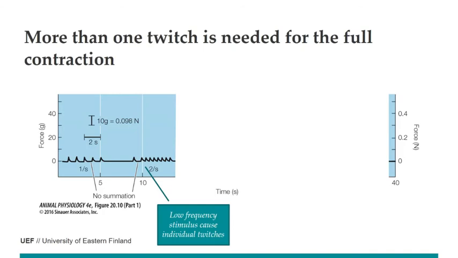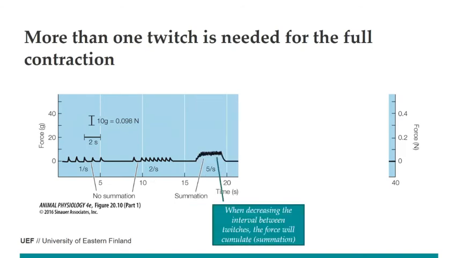With low frequencies of this stimulus, it causes these individual twitches, and so there's no summation. But when you are decreasing the interval between the twitches, the force is larger. It's cumulative. There happens this summation of the force.